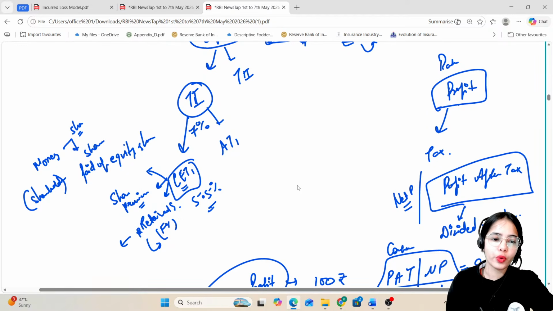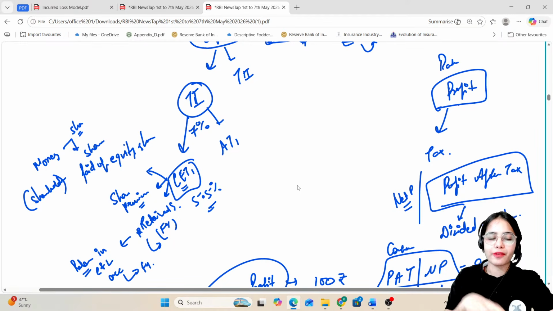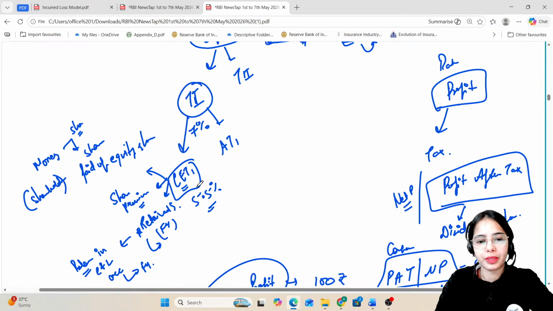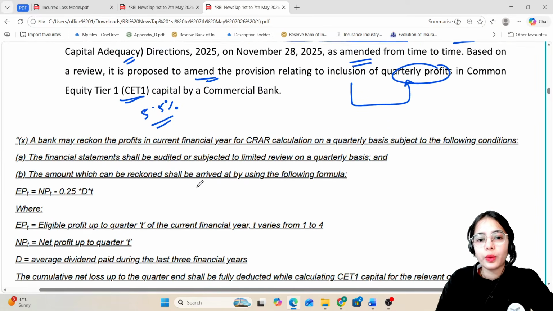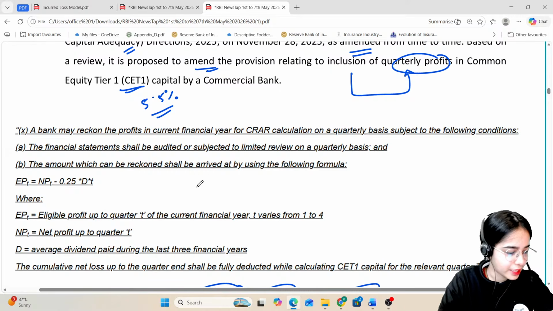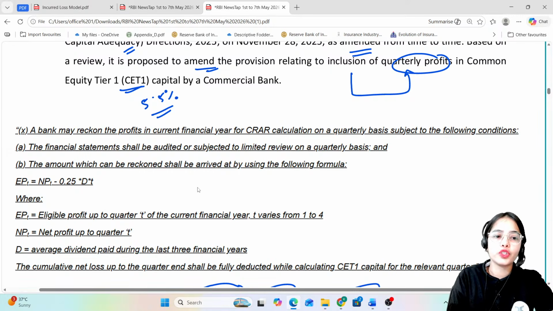It was known as the balance in the profit and loss account at the end of the financial year. Whatever balance is left in the profit and loss account was added in the common equity tier 1 capital. Now, what is the update that has happened that we have to discuss? A bank may reckon the profits in the current financial year.